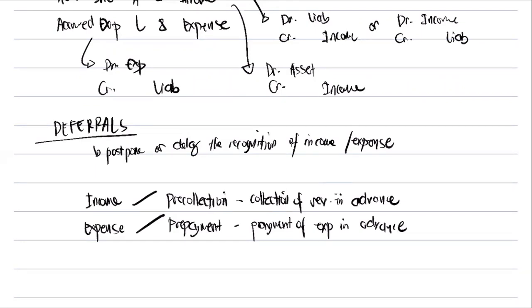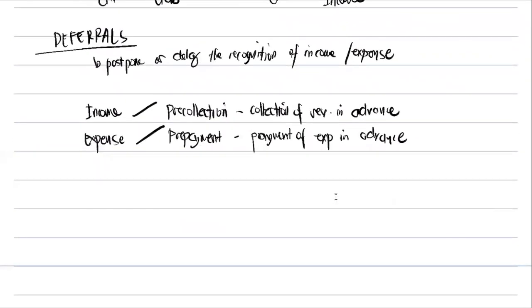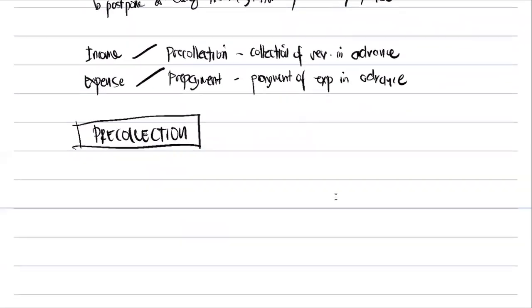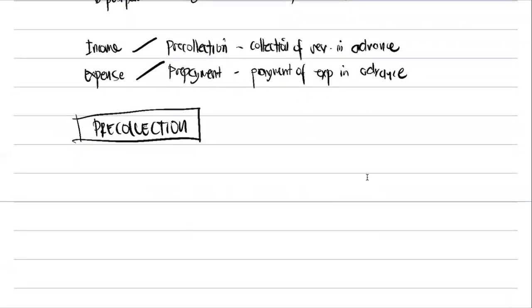Okay, so after defining the two types of deferrals, we learn now the adjusting entry under your pre-collection. So we start first with your pre-collection. Under your pre-collection, we have two methods of recording it. So what are the two methods?